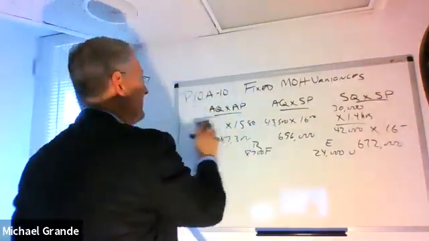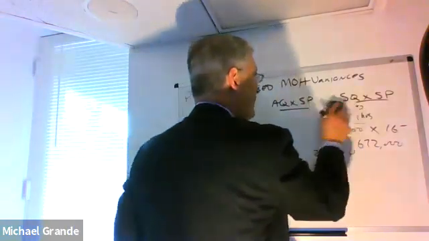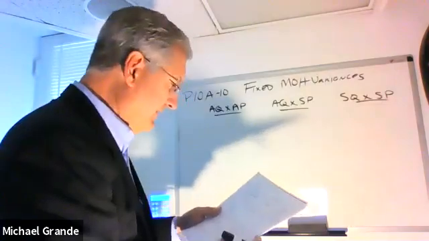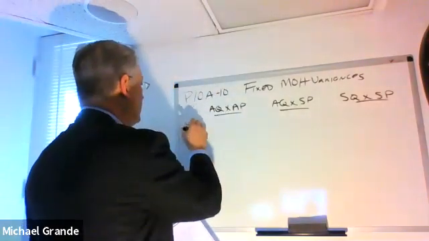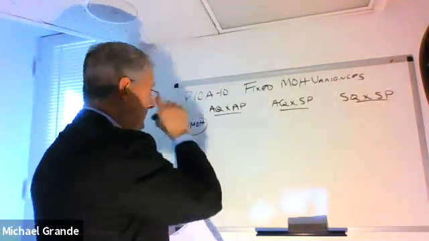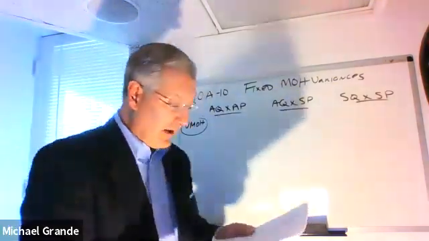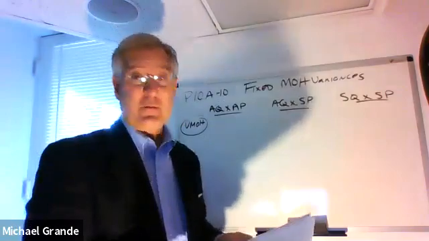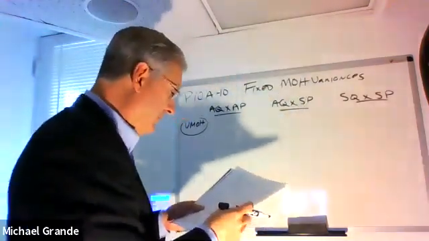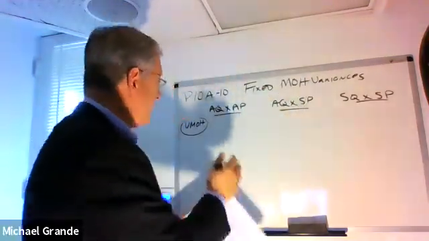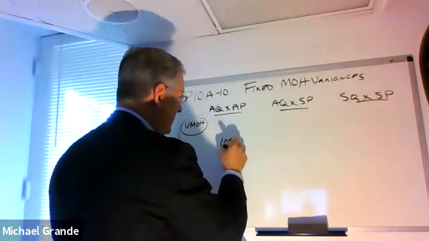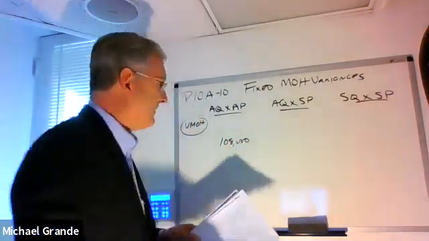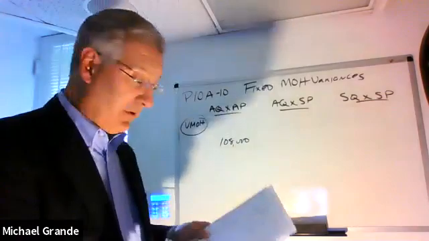Let's take a look at the variable manufacturing overhead. Again, it says here that all overhead is applied on the basis of direct labor hours, but they also told you they spent $108,000 on variable overhead.